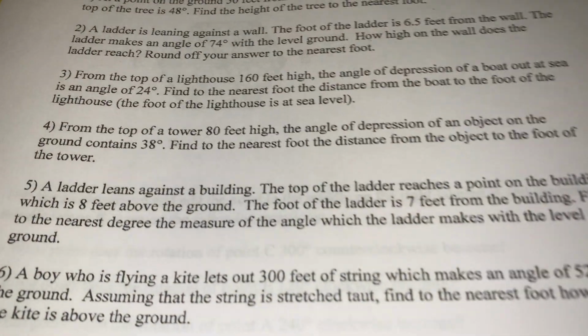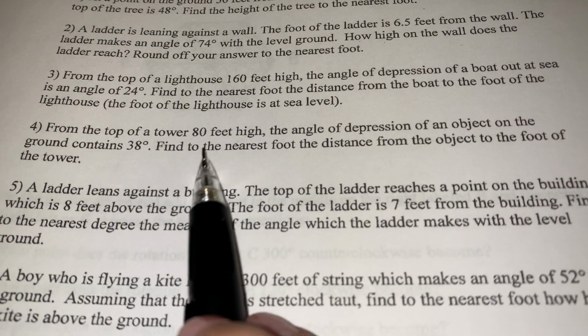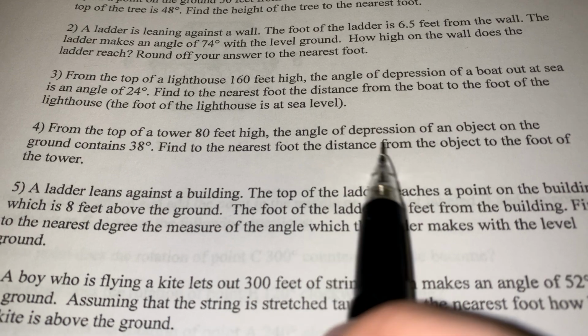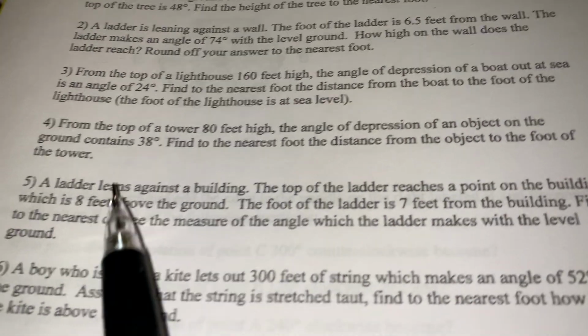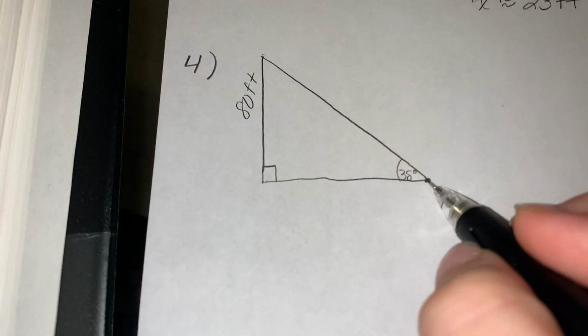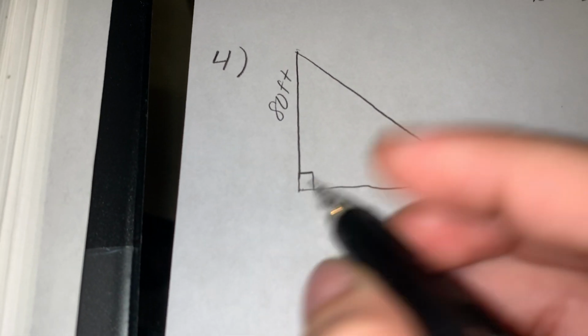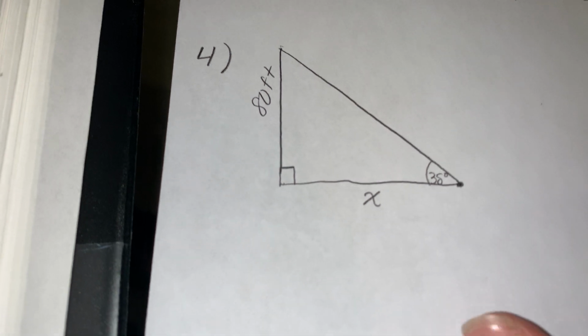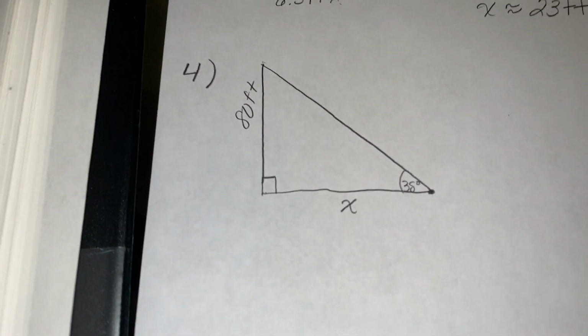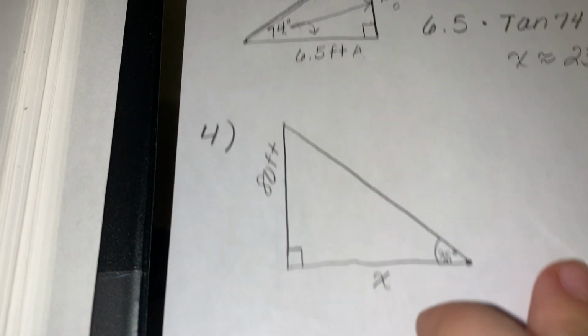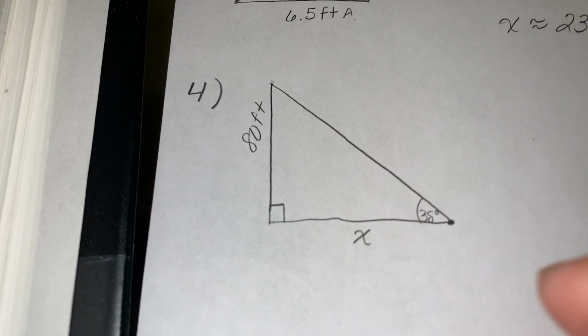Let's keep going. Find to the nearest foot the distance from the object to the foot of the tower. So here's my object, here's the foot or the bottom of my tower, and we're looking for how far this is. Now that you have it set up, we need to make sure that we use sine, cosine, or tangent.